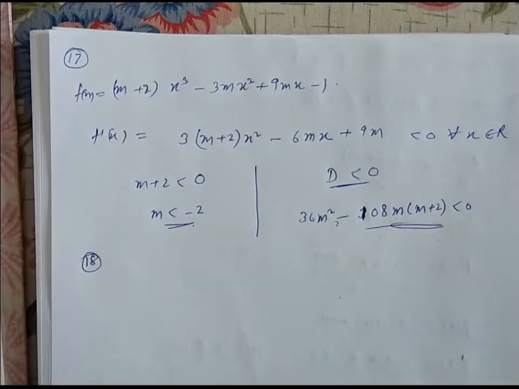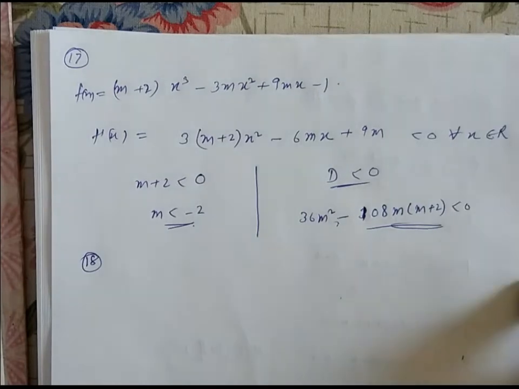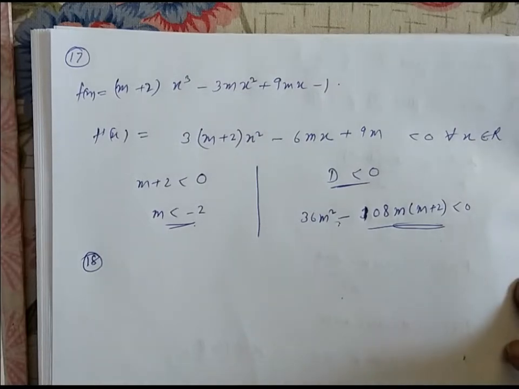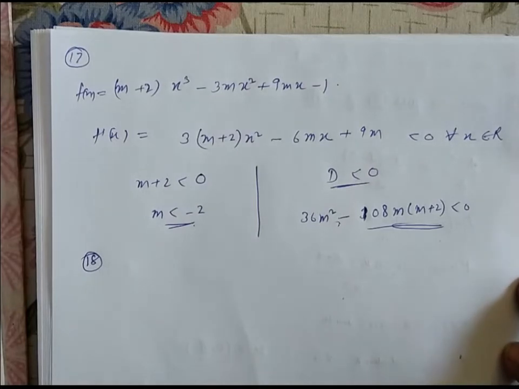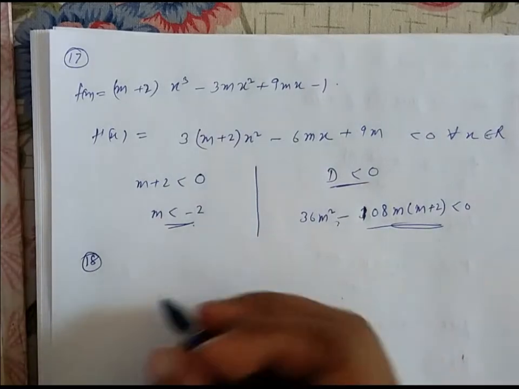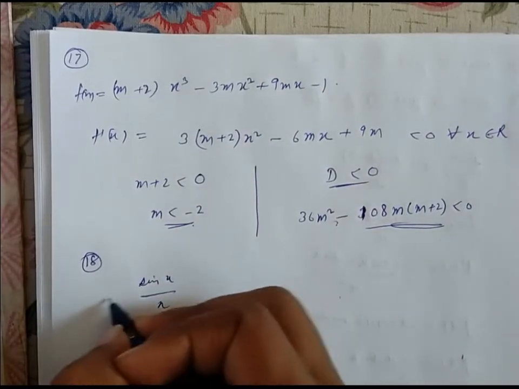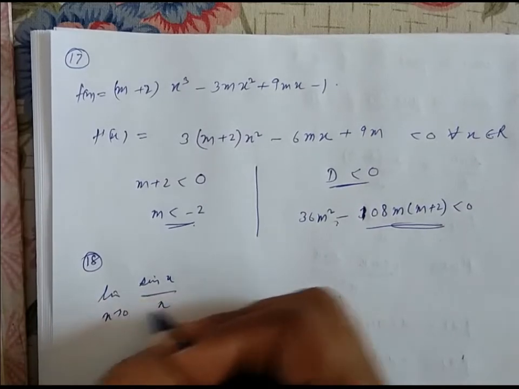Moving on to the next question, question number 18. So we have already proved that sin x upon x is decreasing in question number 14. Okay. So let's prove the other part. Limit of sin x upon x as x tends to 0 is equal to 1.